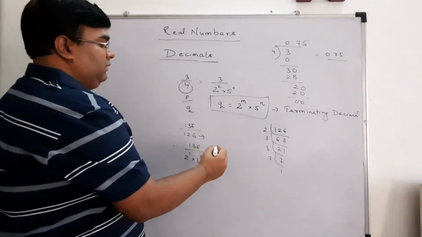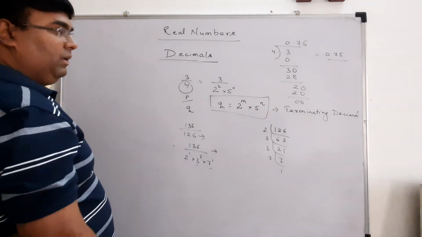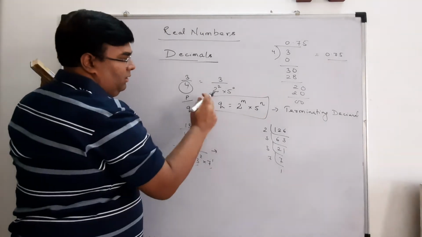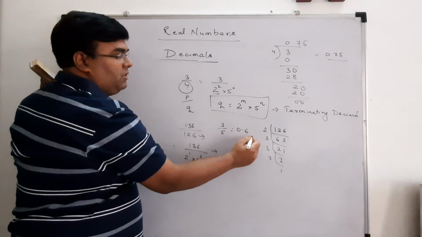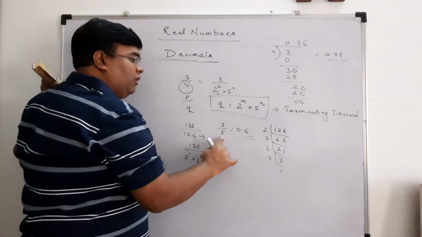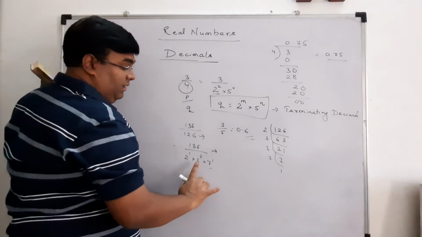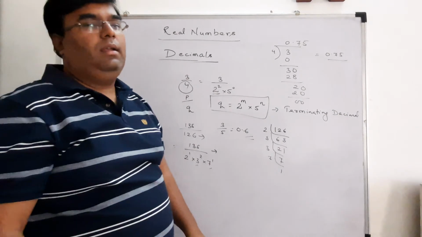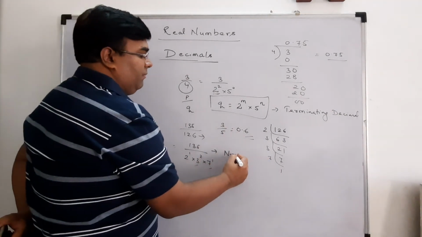This is not in the form of 2 raised to m and 5 raised to n. Either only 2 will be there, or only 5 will be there. I have shown you 3 by 5 is also 0.6, terminating. So only 5 can also be there, and a combination of 2 and 5 can be there. But if there is any other prime number, then it will not be terminating. It is non-terminating.